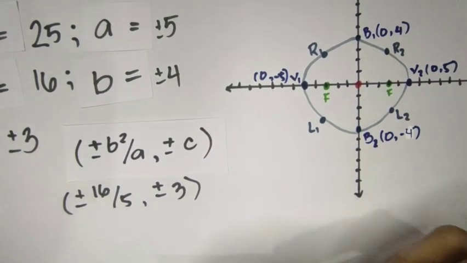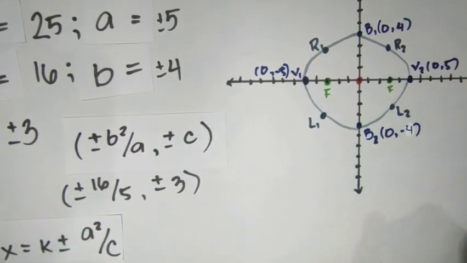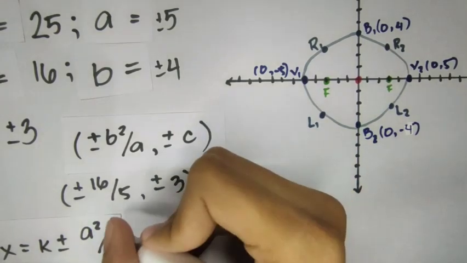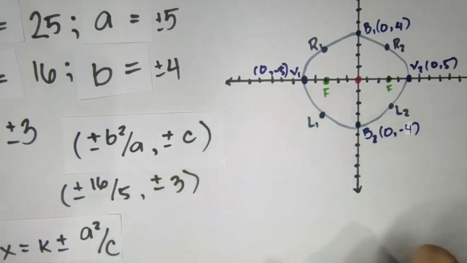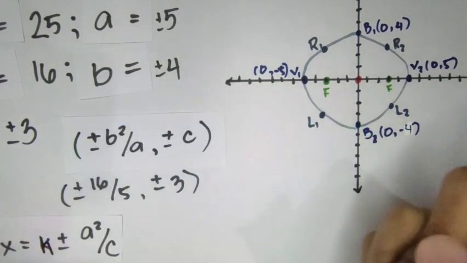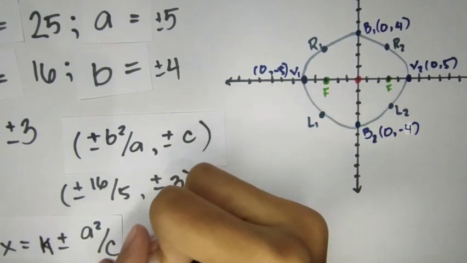Let's find naman the directrix of the ellipse, which can be solved by k plus minus a squared over c. Yes, this should be h instead of k because our ellipse is lying horizontally and not vertically.